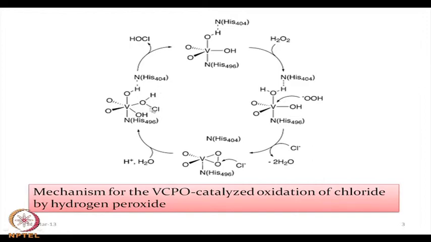So, hypochlorous acid is generated from the reaction of hydrogen peroxide and Cl minus, and one such bond is converted to OH and another one comes from the water molecule as OH, because what we have in the native state is the OH bond connected to vanadium on the apical side. So, this particular part is getting regenerated.